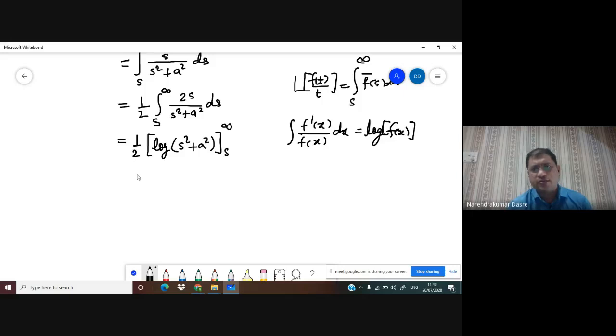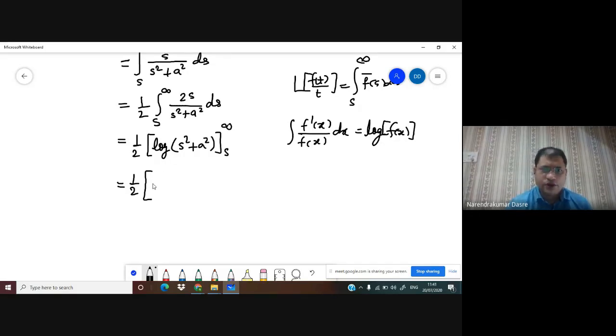Okay, so here most students commit mistakes, so that's why this step is very important. You need to be careful while using the limits. The moment you write log of infinity, then you will get infinity, and then the entire right hand side becomes infinity. So that's why we have to be careful, and hence we cannot write log of infinity here.